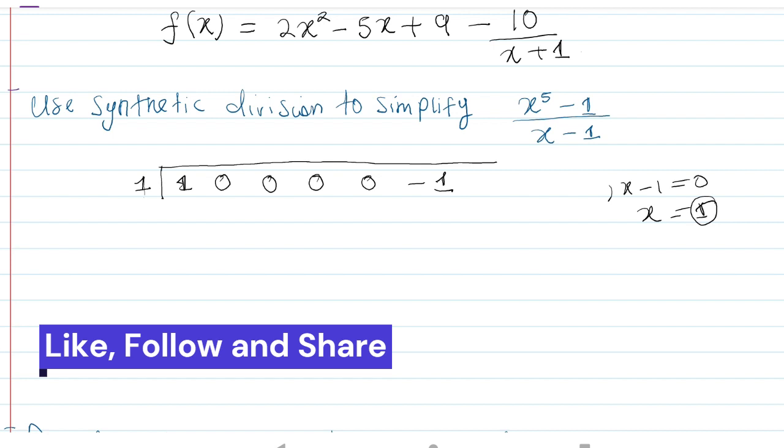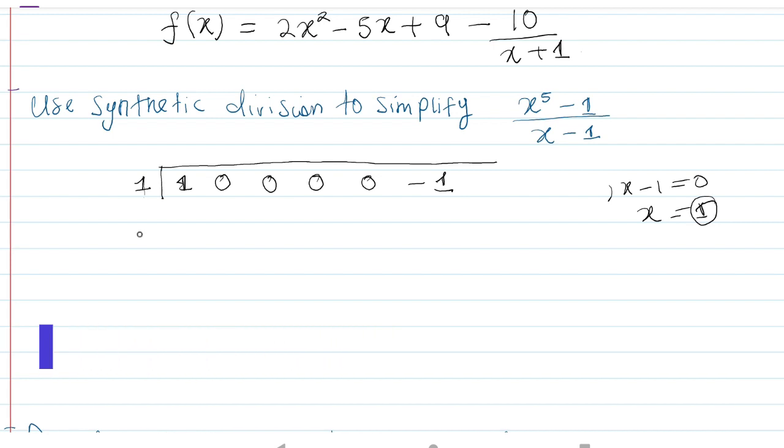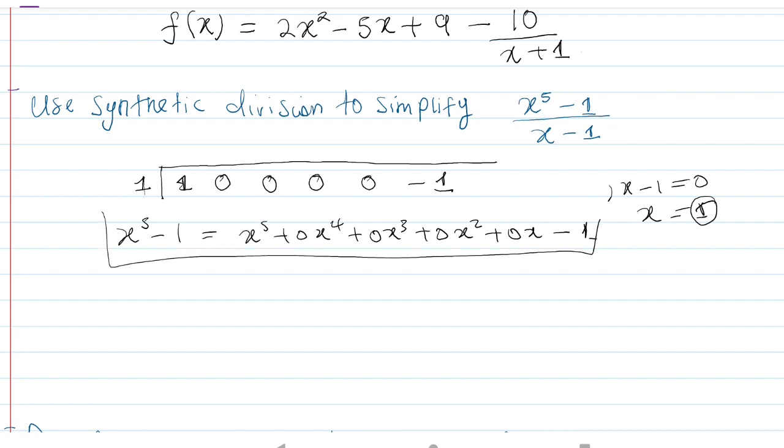So in other words, what I've just written here is that x to the power 5 minus 1 can be written as x to the power 5 plus 0 x to the power 4 plus 0 x to the power 3 plus 0 x to the power 2 plus 0 x, then minus 1. So this is the same thing. Okay, and we get the coefficients 1, 0, 0, 0, 0, which are these zeros, and negative 1.